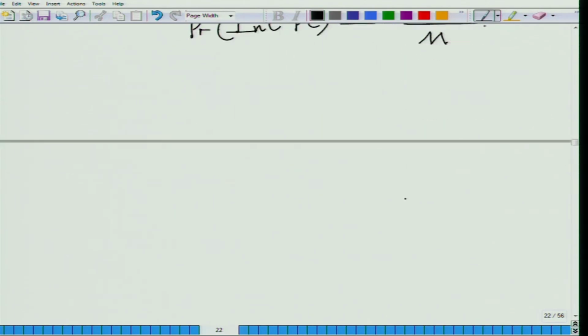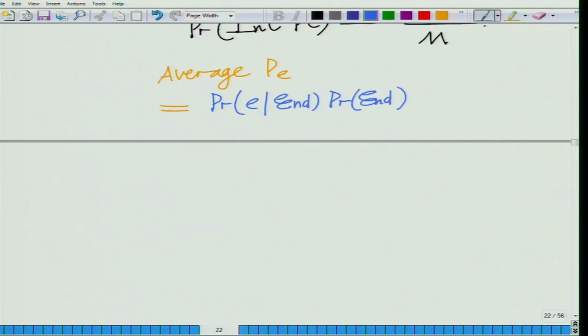Therefore, you can see the average probability of error equals the probability of error given end point into probability of end point, this is the total probability rule, plus the probability of error given internal point into probability of an internal point.